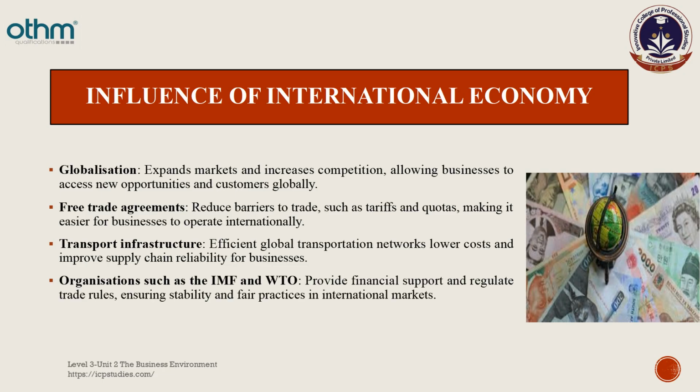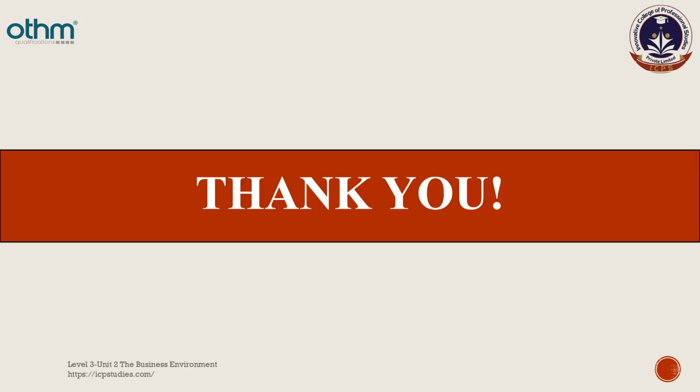Then we have different organizations, for example, the IMF, International Monetary Fund, and the WTO, that is World Trade Organization. They provide financial support and regulate trade rules, which ensures stability and fair practices in the global market.